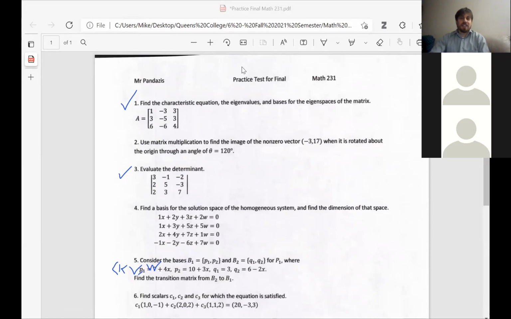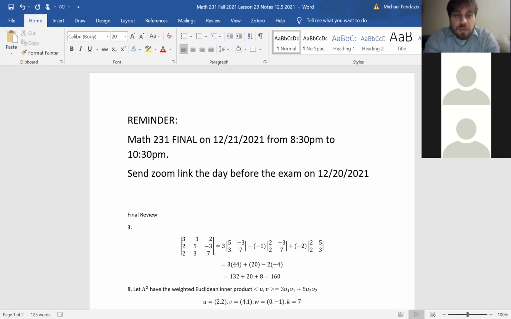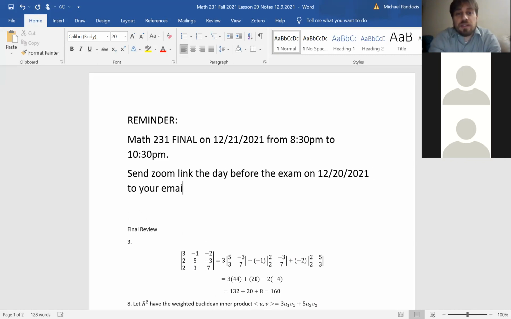I'm going to send the Zoom link the day before the exam, on 12/20/2021, to your email accounts associated with Blackboard.